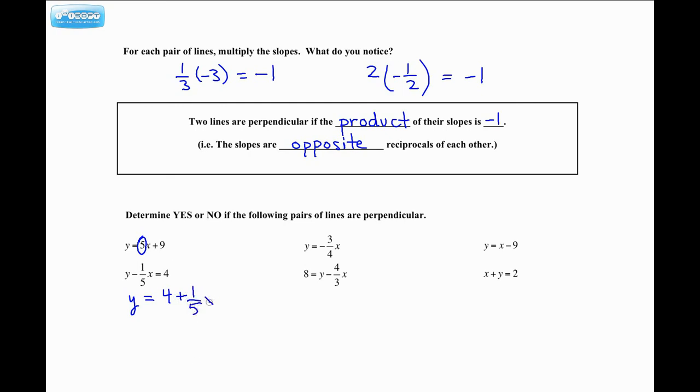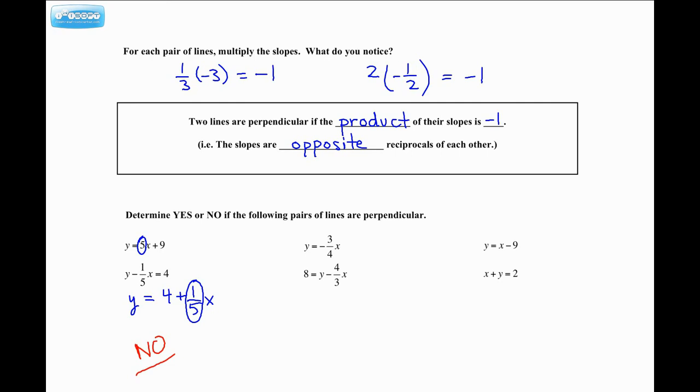Now we can see that the slope of this line is 1/5. So are these lines perpendicular? No, they are not. If you look at their slopes, yes, they are reciprocals of each other, but the signs are not opposite. They are both positive. In order for these to be perpendicular, only one of these could be negative. So the answer is no.